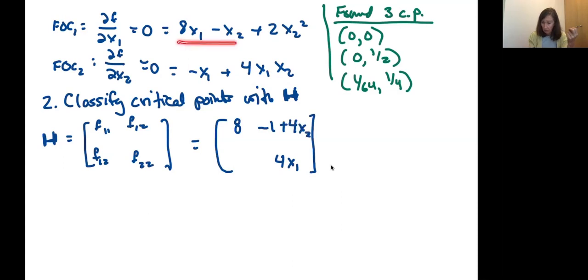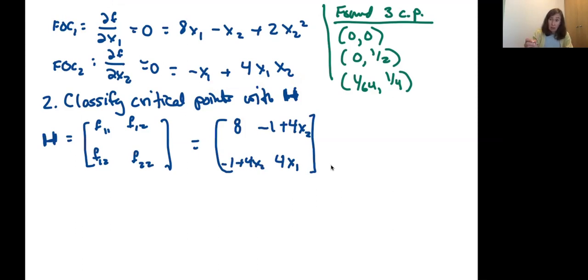That's differentiating with respect to x2. Let me make sure I'm doing it right and differentiate del f del x2 with respect to x1 and see if I get the same thing. And indeed, I get -1 plus 4x2.